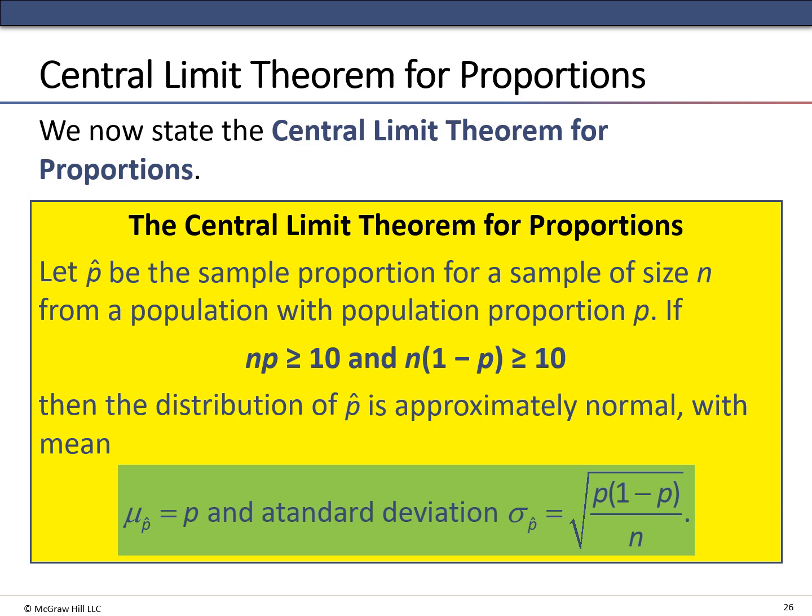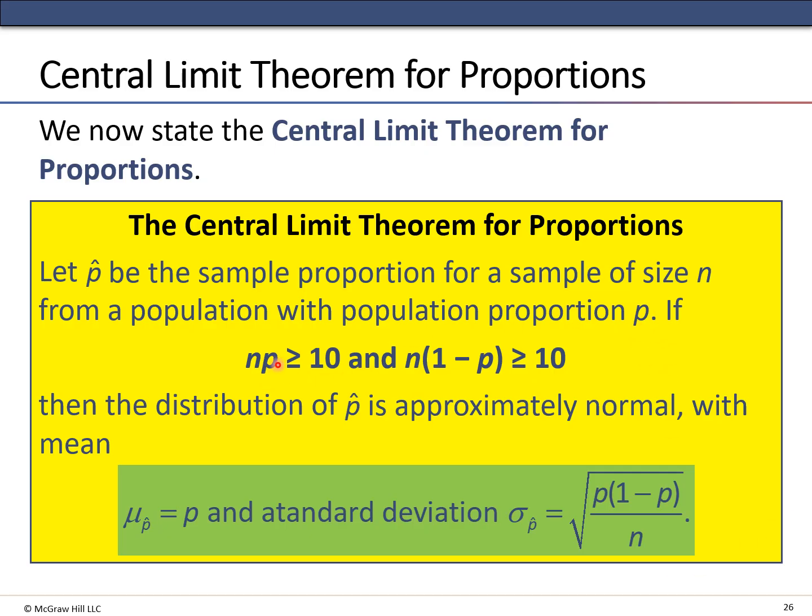We can now state the central limit theorem for proportions. The central limit theorem for proportion says that p hat be the sample proportion for a sample of size n from a population with population proportion lowercase p.